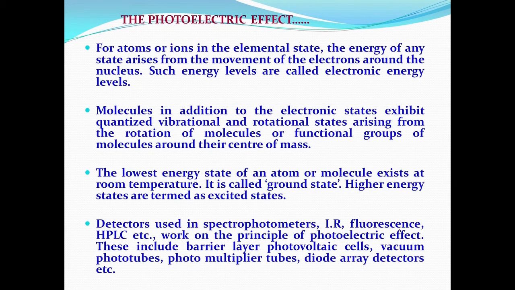So, the lowest energy state of an atom or a molecule exists at room temperature. This is a fundamental simple assumption. Why? Because at room temperature normally the energy is minimum. We are not supplying any energy. So, whatever is the room temperature, that amount of energy is available to all molecules.